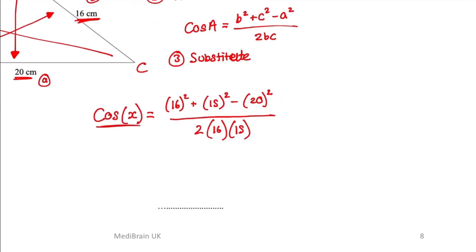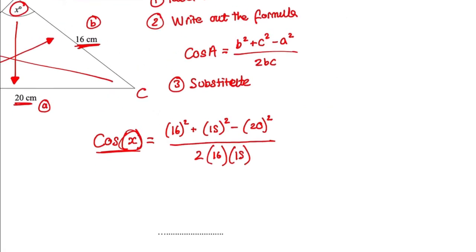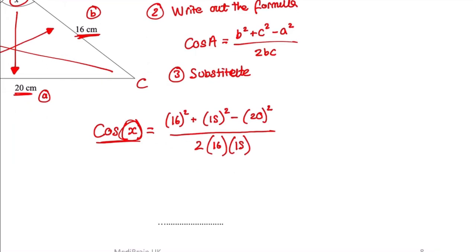Okay, and then the question asks for x. We don't want cos x, we just want x. So to get rid of that cos, we need to inverse cos the other side, same as with the sine. Inverse cos is our last step, to get rid of the cos that we don't want on this side. We want x to be by itself.